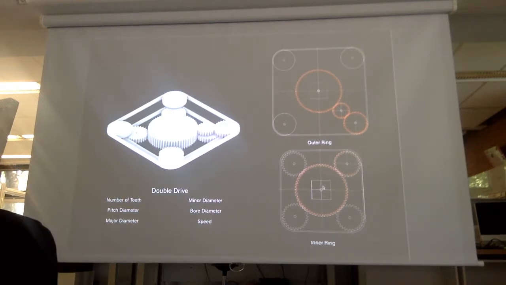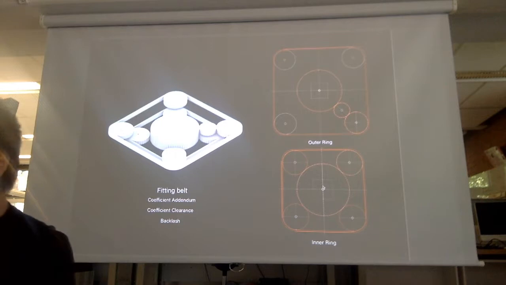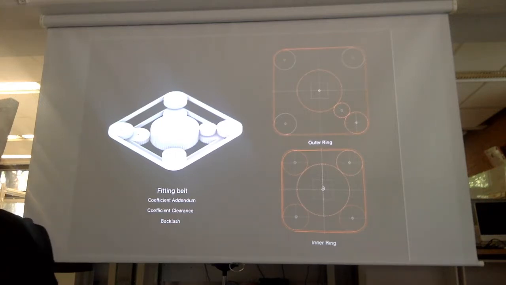So in the final stage, I tried to fit the gears to the belt. In this stage, there are also three important statistics. One is called coefficient addendum. This defines the height of the teeth. The second statistic is coefficient clearance.